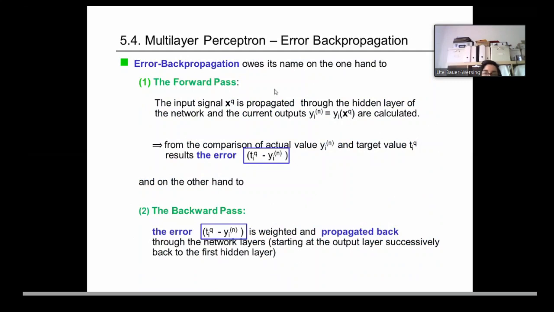Okay? So the error back propagation owes its name on the one hand to the forward pass. That's what I tried to explain. So the input xq is propagated through the hidden layer of the network, and the current outputs yi are calculated. So the next step is that we do some supervision. We compare the actual output value yi with the target value tiq, resulting in this error.